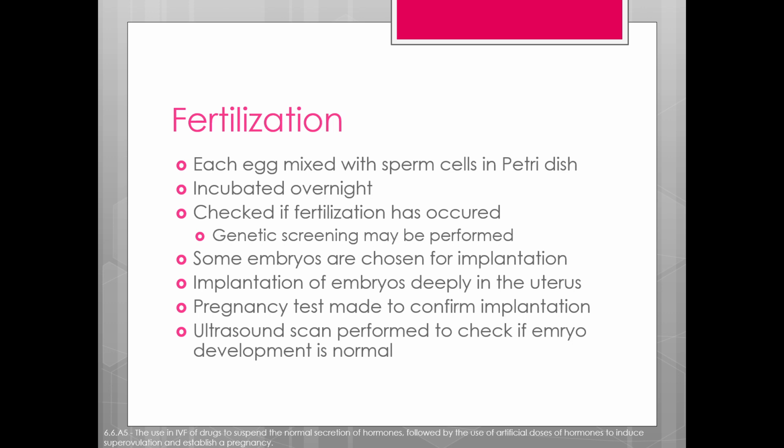Embryos are chosen for implantation due to their health. So, if they are properly developed and there is a high chance that they will develop correctly, then they may be chosen for implantation, and it is placing the embryo deeply in the uterus and then just waiting.